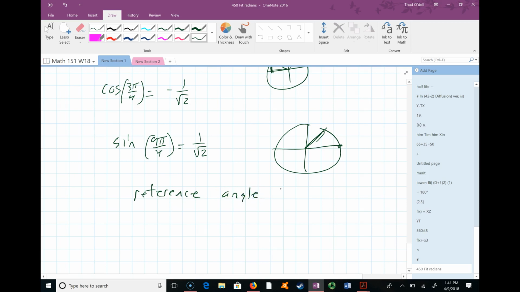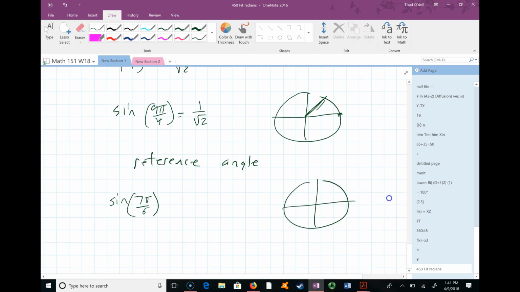So if you're looking for a reference angle, that means when I say sine of 7 pi over 6, I run around the circle, and 7 pi over 6, of course, is right here. It's that angle. But the angle that I actually use to find the sine value is the angle that's in this little triangle that I draw, right? So the actual reference angle for this is 30 degrees, or actually, since I'm in radians, it's pi over 6, isn't it?